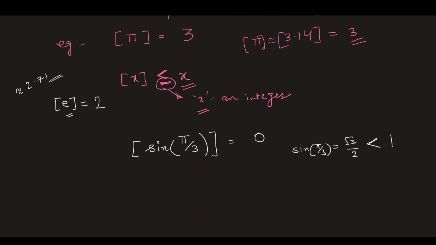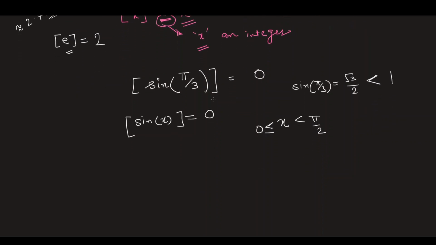Also gent of sine x, if x is less than pi by 2 and greater than or equal to 0, it will be 0. Why? Because we know that sine x is less than or equal to 1 and greater than or equal to 0 for x less than or equal to pi by 2 and greater than or equal to 0.